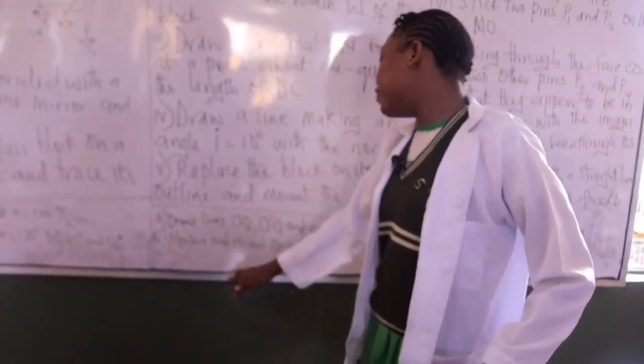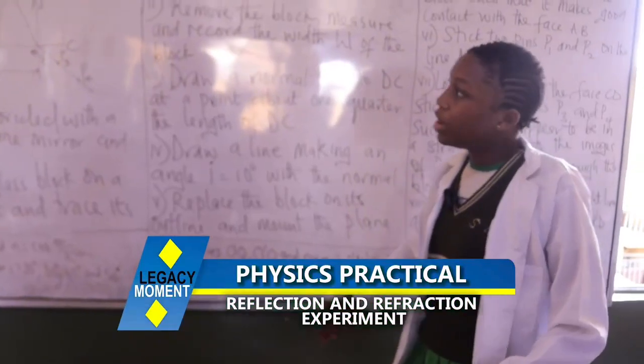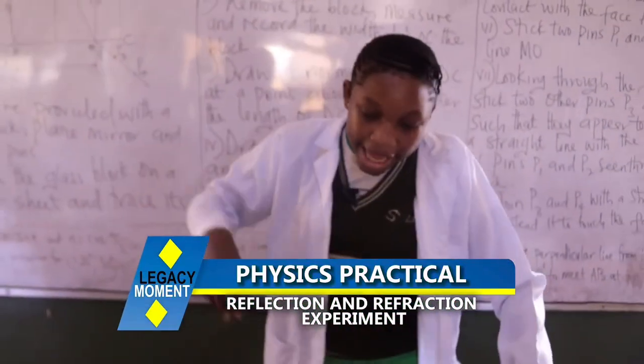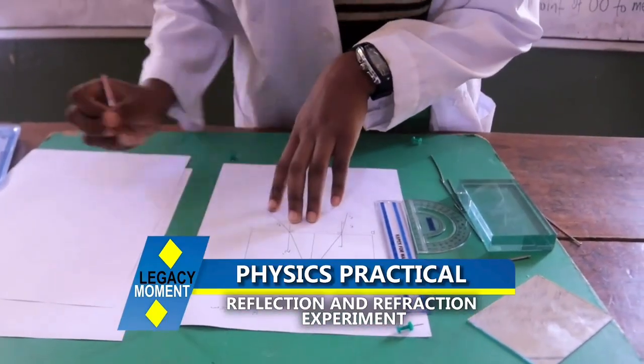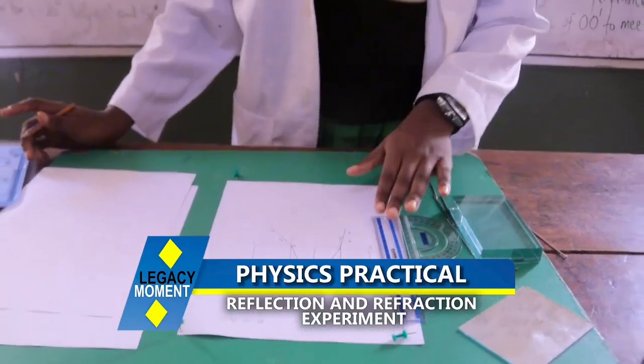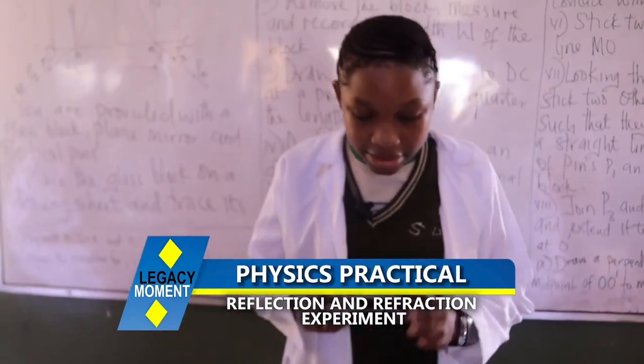So we have to measure and record theta, E, and D. For E, that's the angle between the line N prime and P3 and P4. So I'm going to use my protractor to measure that.